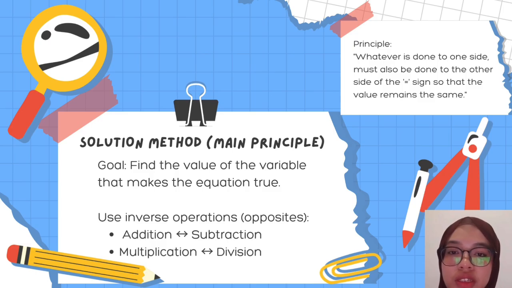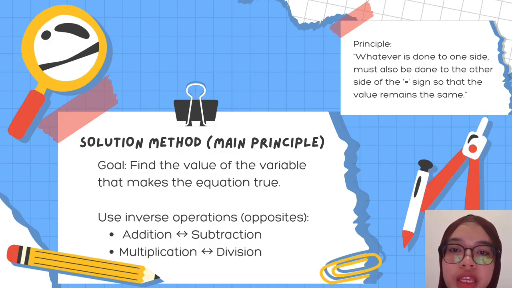Solution method: find the value of the variable that makes the equation true. Use inverse operations, the opposite. The opposite of addition is subtraction, and the opposite of multiplication is division.